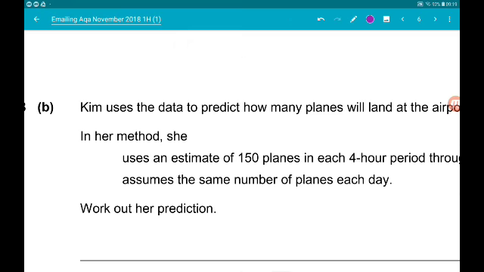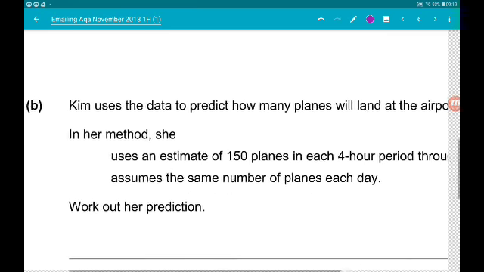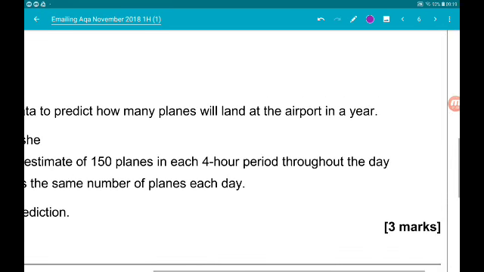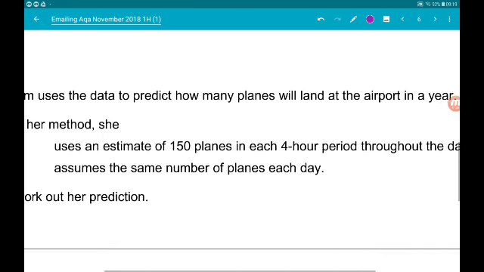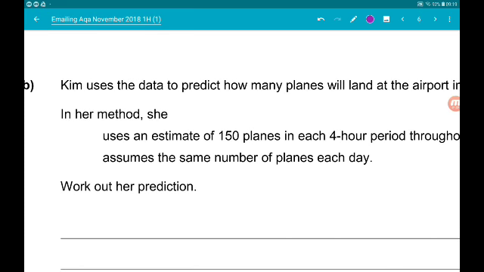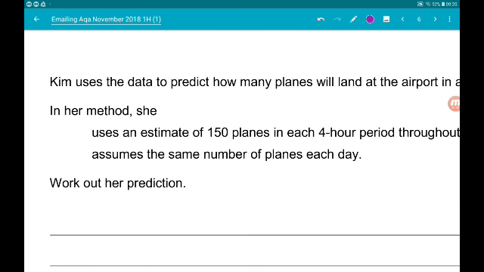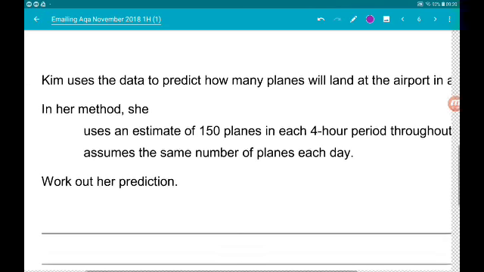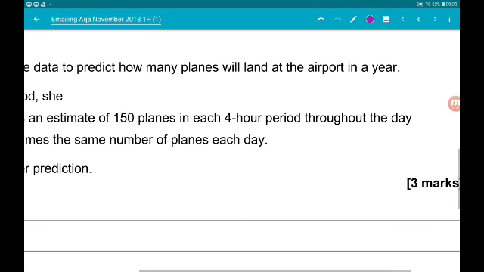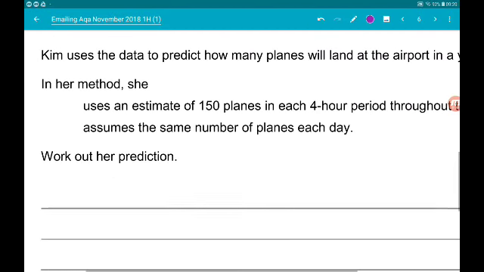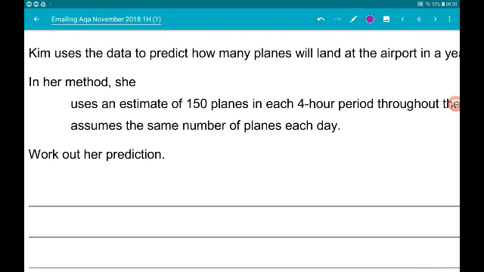Kim uses the data to predict how many planes will land at the airport in a year. In her method, she uses an estimate of 150 planes landing in each 4-hour period throughout the day, and assumes the same number of planes land each day.